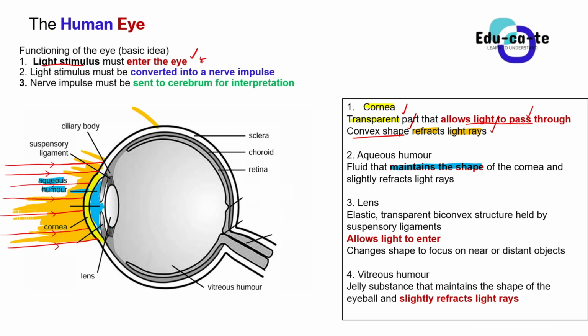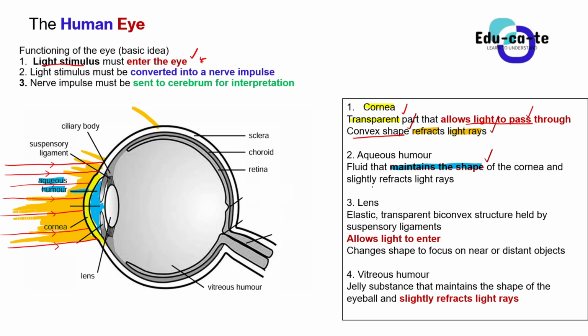So the aqueous humor fills this entire space such that the cornea has this bulgy shape. The main function of the aqueous humor is to maintain the shape of the cornea.